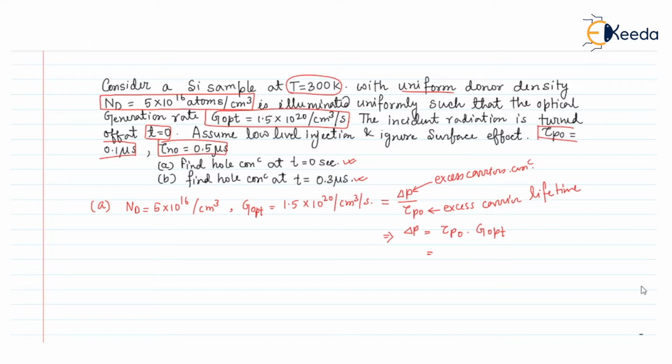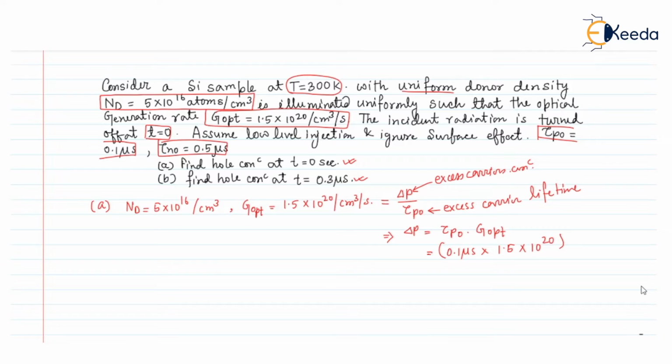So tau P0 is given by 0.1 microsecond and G optical is given by 1.5 into 10 to the power 20 per centimeter cube per second.